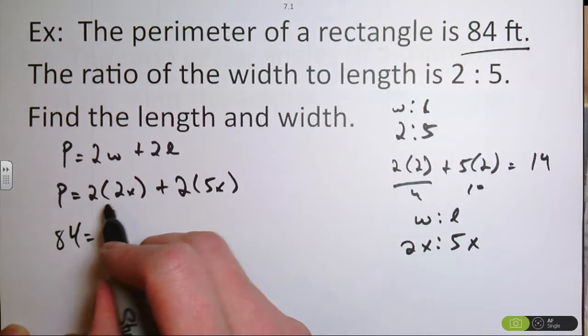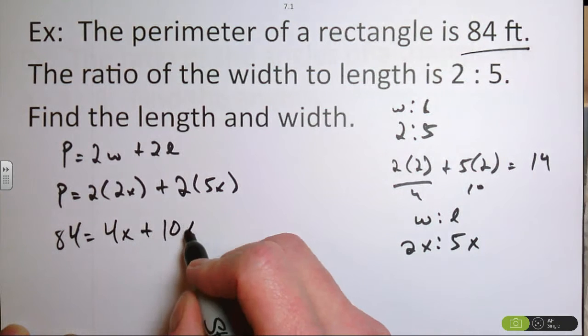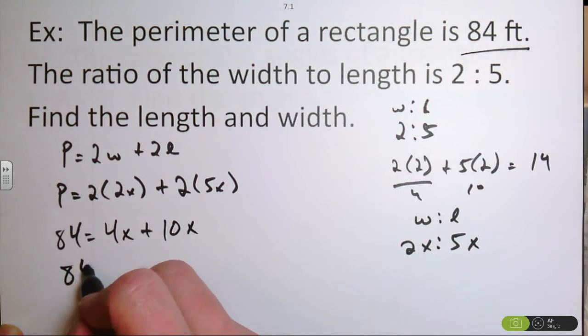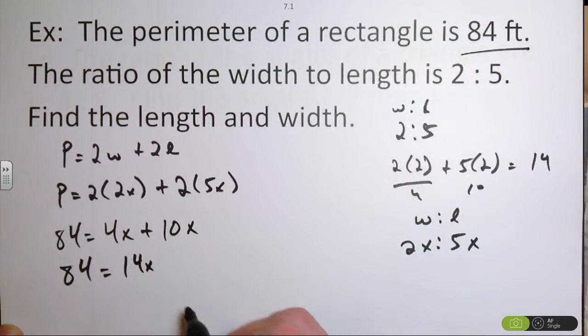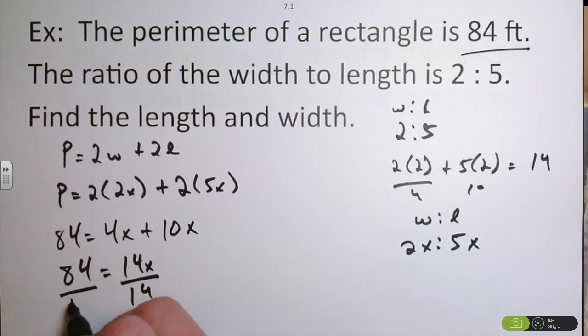I'm just feeling kind of lazy, so 2 times 2x is 4x. 2 times 5x is 10x. 84 is 14x. So now I divide by 14, and that happens to be 6 that x is equal to.